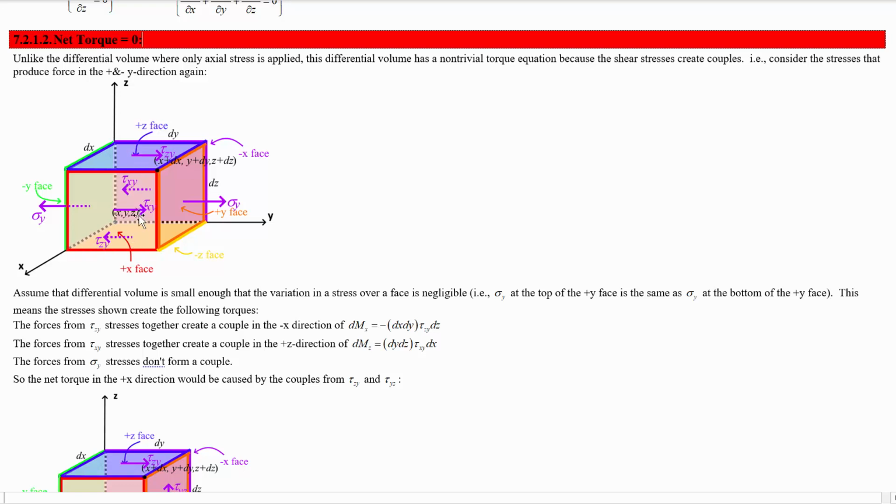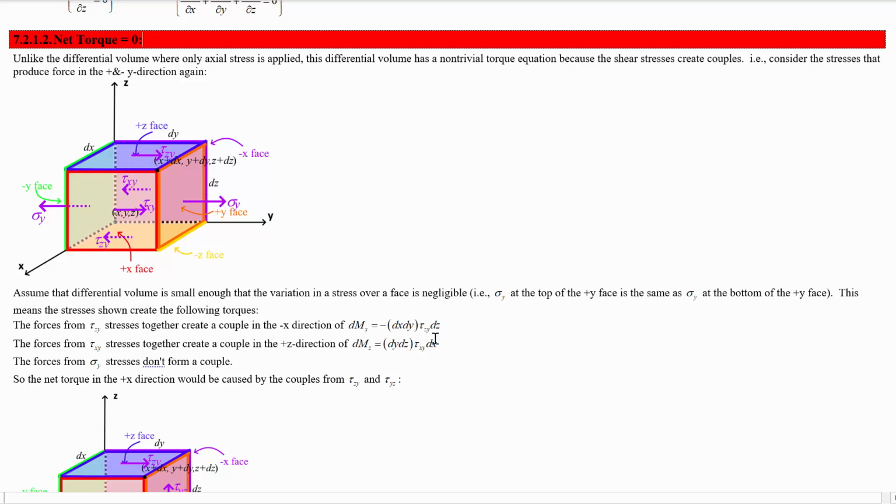So these two will create a torque given by the magnitude of the stress times the area, which tells you the force, times dz. That's the moment arm. And what way is that torque? By the right-hand rule, tau zy would make it spin like this, and that is in the negative x direction. So they create a net moment in the negative x direction.